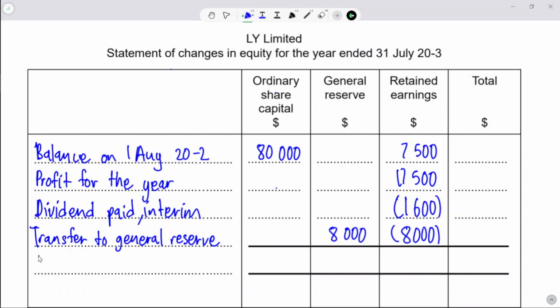So this one will be balanced on the 31 July 20-3.